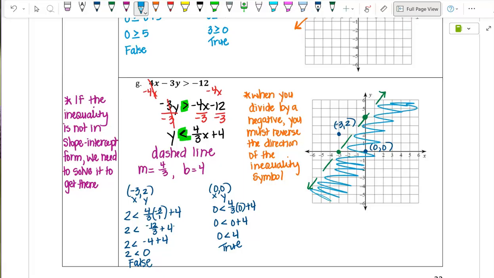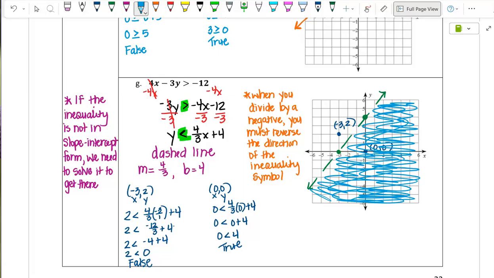So all these points out here would make this inequality true. That is what the point of the shading is. Anything that falls in the shaded area is making that inequality true.